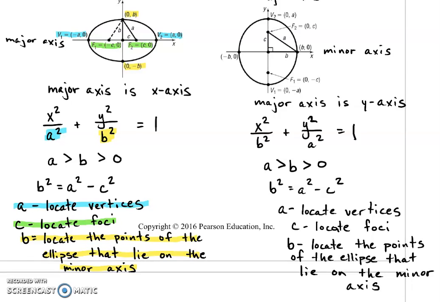To color coordinate here, here are our a's. Our c's still locate our foci. And our b's still locate the points on the minor axis, right here and right here. All right, in the next video, we will start doing some examples of these.